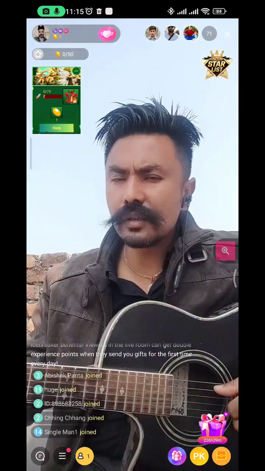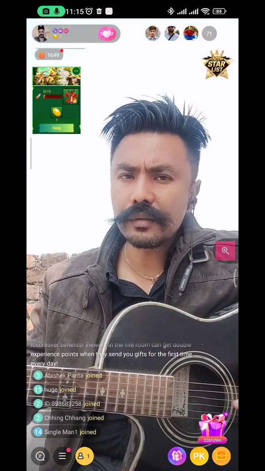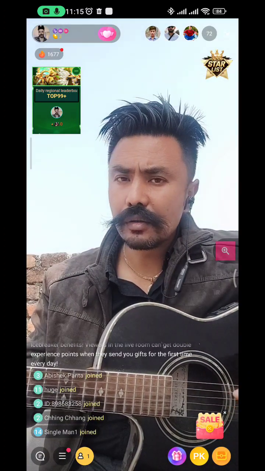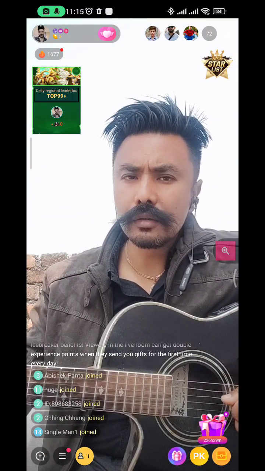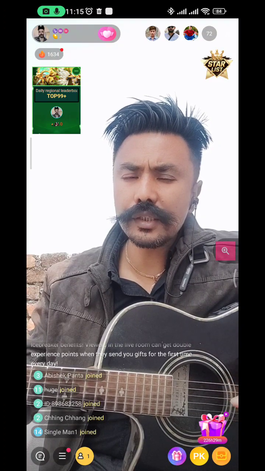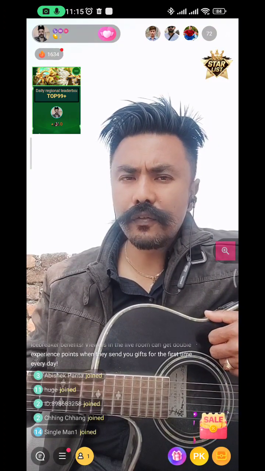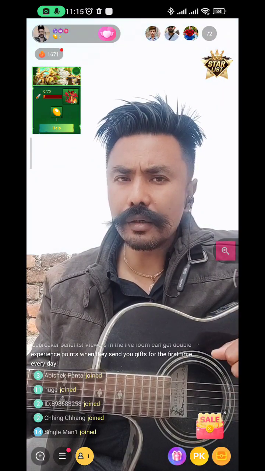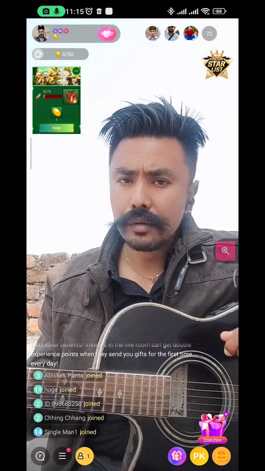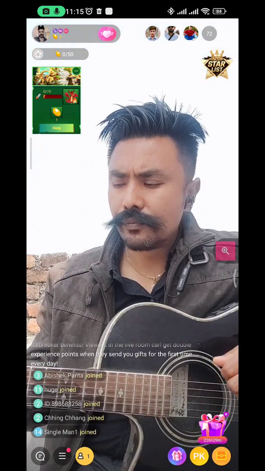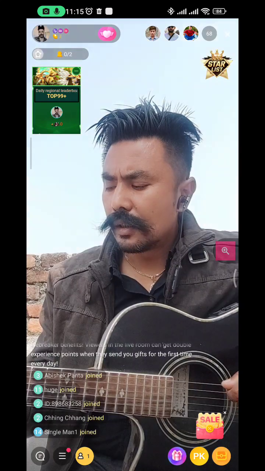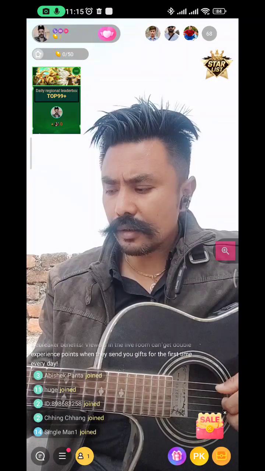So in the first pattern, this is the first chord. This is the minor second. This is the major second, and I took again to the first chord. Then I went to the minor third. Then I went to the major third.